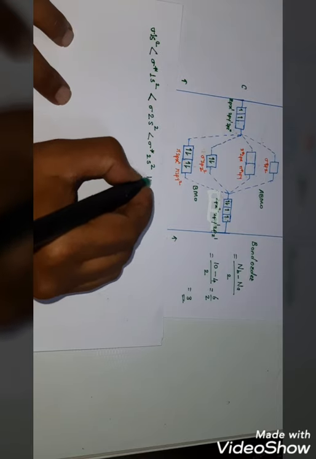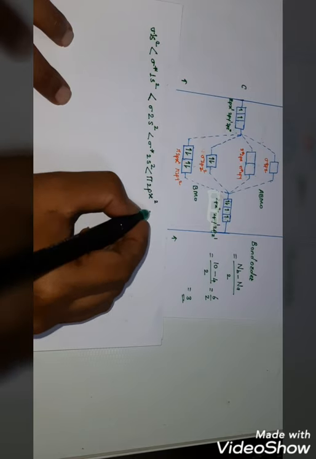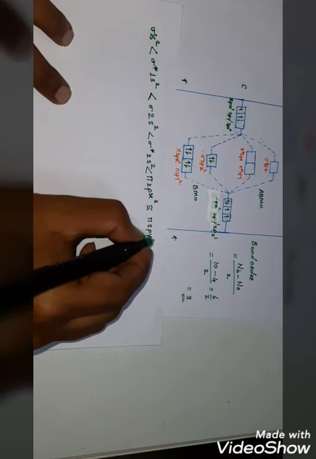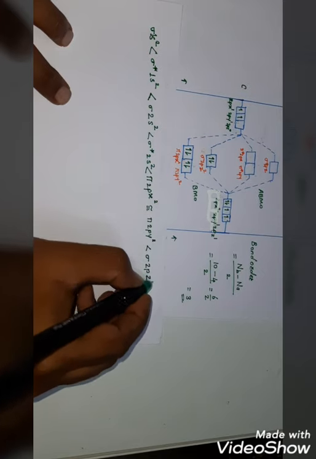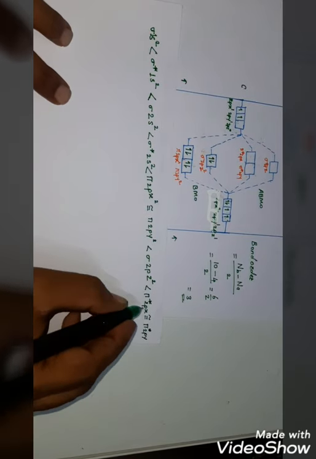Then we can write pi 2px2, equal in energy to pi 2py2, then sigma 2pz2, then pi star 2px nearly equal to pi star 2py, and sigma star 2pz. We can represent this symbolically.